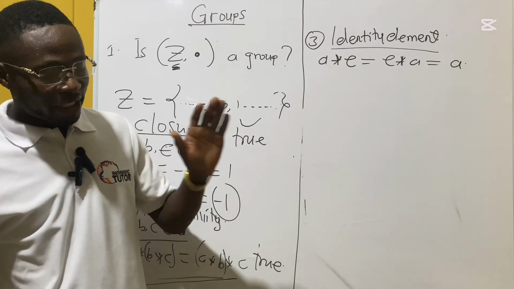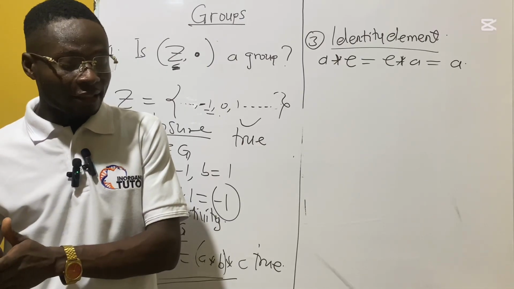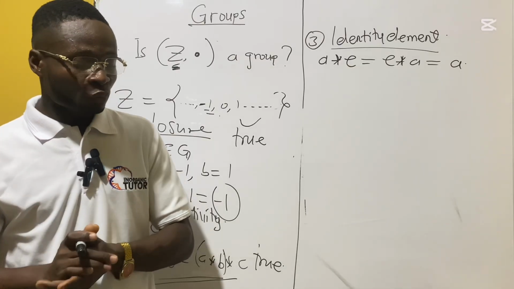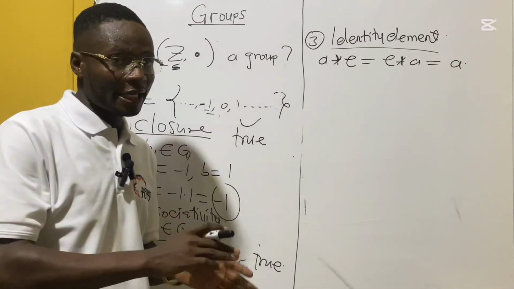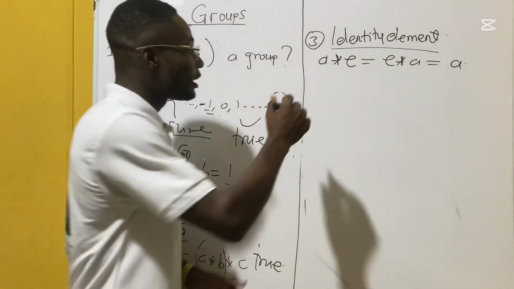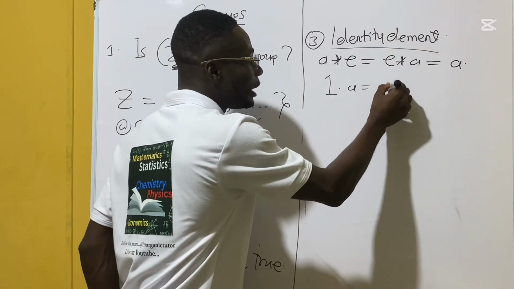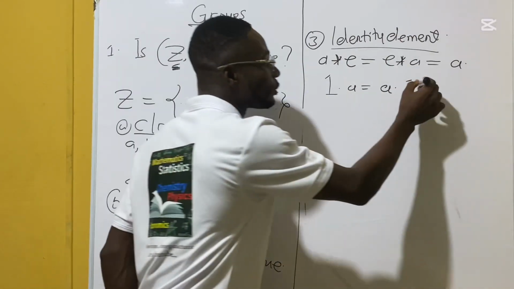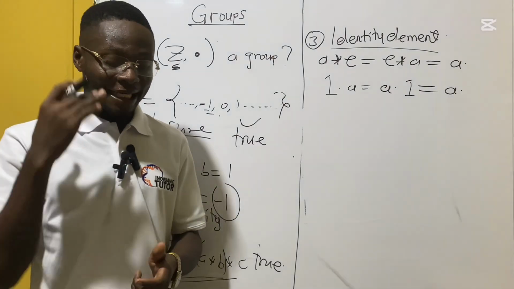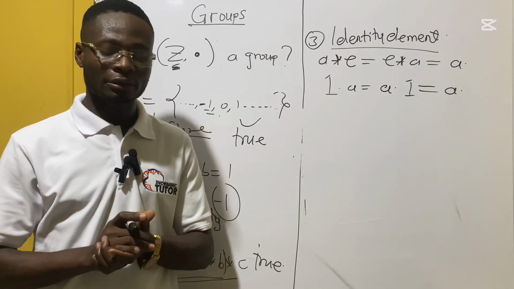All right, so with the identity element, you know that the multiplicative identity in integers is always 1. So when you take 1 times A, it should be equal to A times 1, and that is equal to A. So the multiplicative identity in integers is 1.